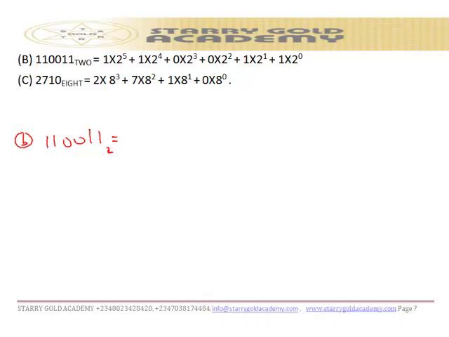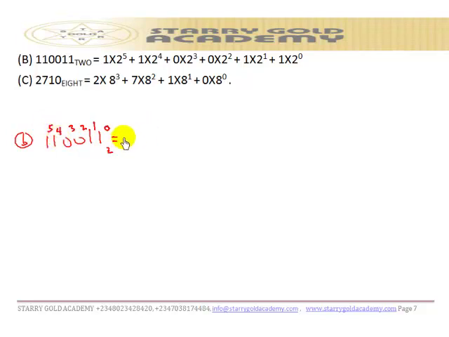Now let's check out the place value of 110011 base 2. The highest place value, let's check from here. 1, your unit carries a power of what? 0. 1 carries a power of 1, that's your tens. 0 is your 100. Another 0 is your 1000. This one is your tens of thousand. This one here is your 100 of thousands.